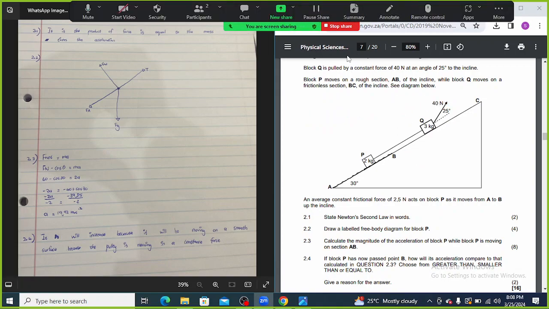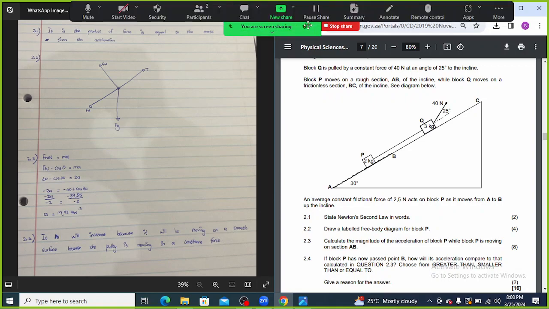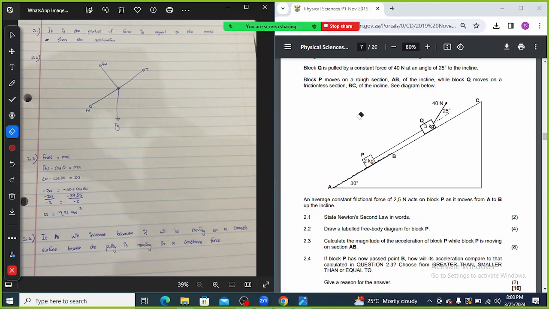Now the next question. By the way, let me read the statement. They are saying the average constant friction force of 2.5 Newton acts on block P as it moves from A to B. So now they told us the frictional force for block P, since they also told us that block P is moving on a rough surface.